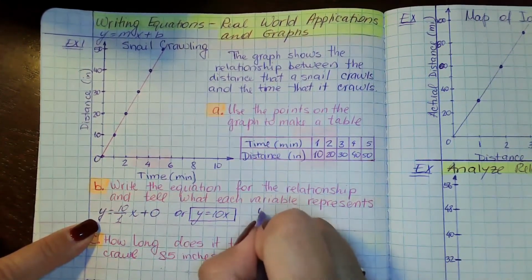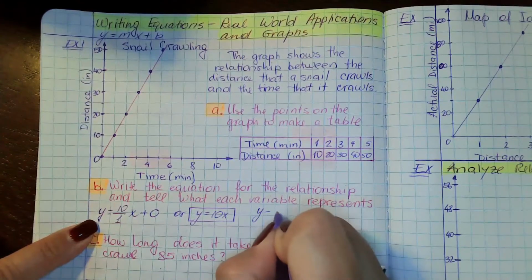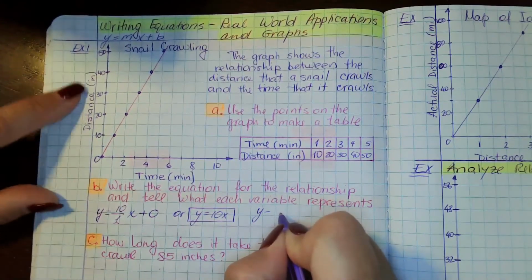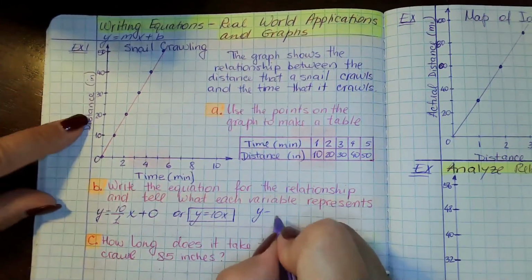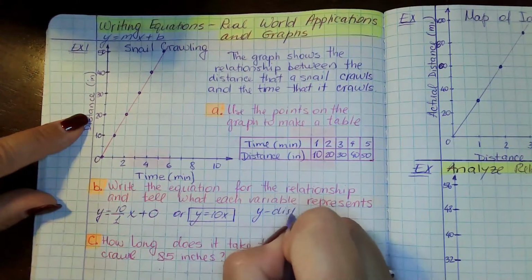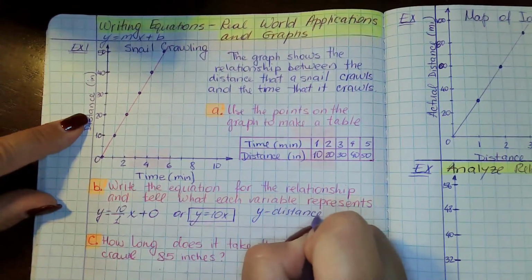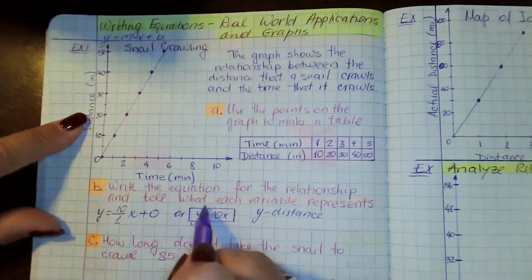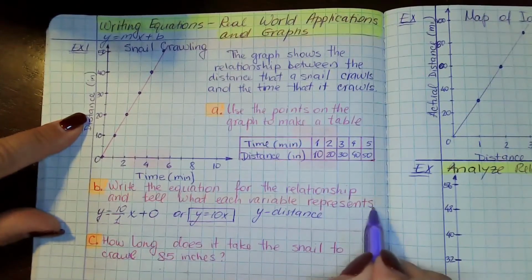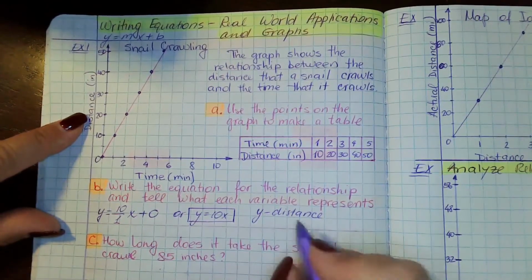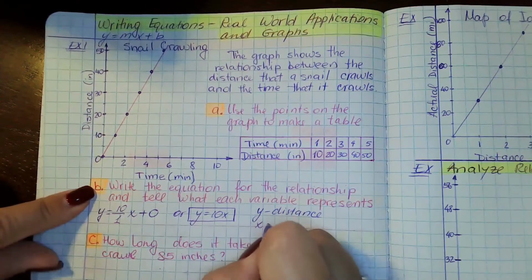Where y is the distance, so the y variable represents the distance, because we need to tell what each variable represents. So y is the distance and x is the time.